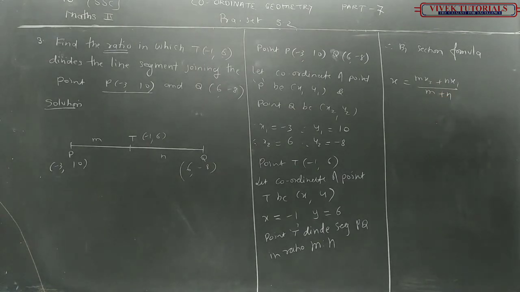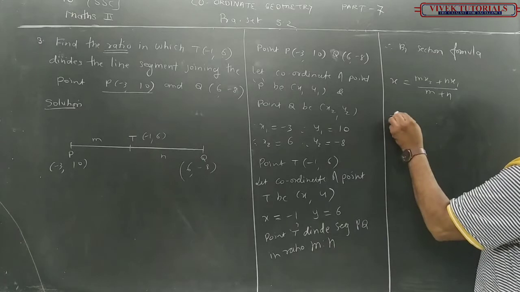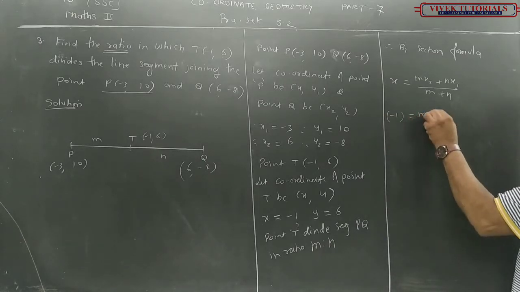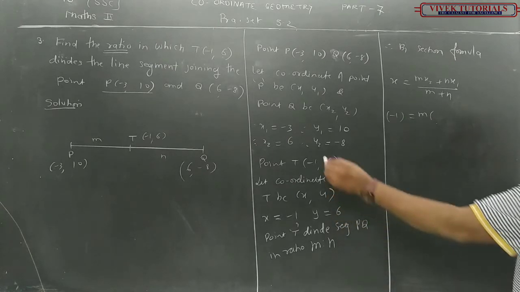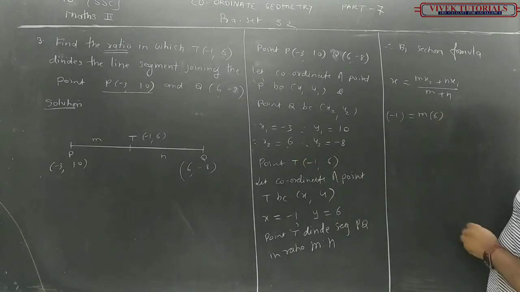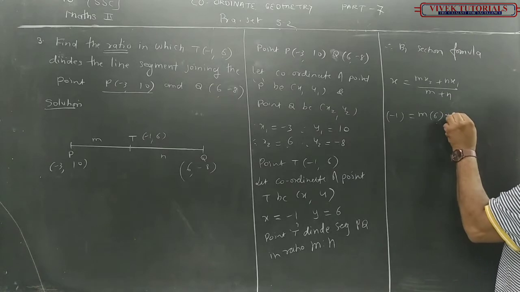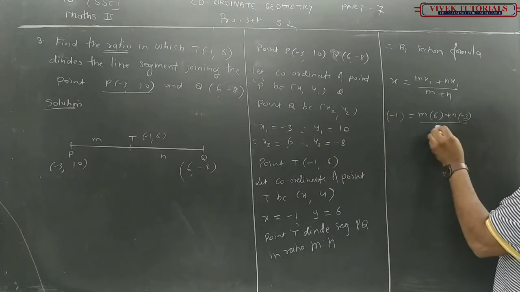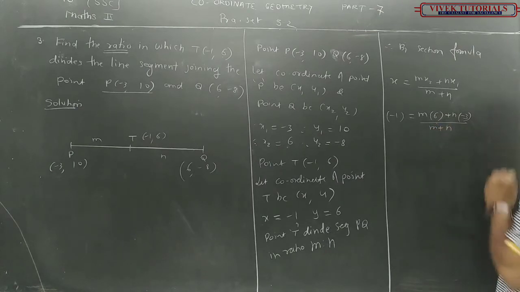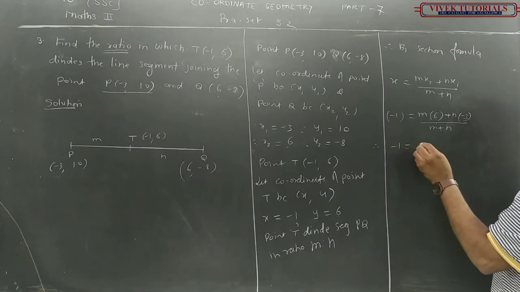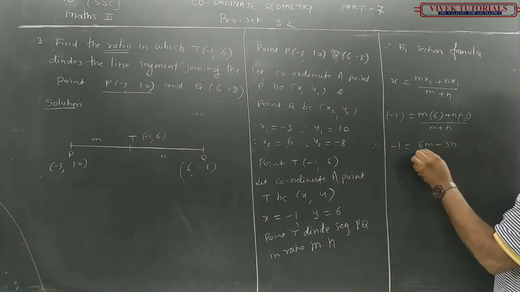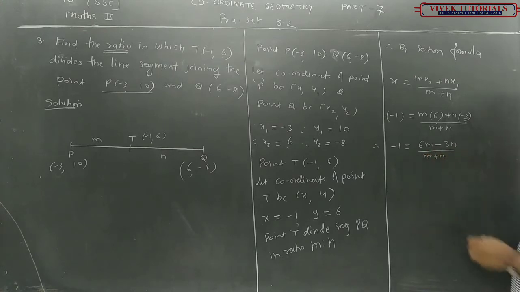The value of x we have, that is -1. The value of m I don't know. The value of x2 is 6 and the value of n is also not known to me, but x1 is -3 and here it will be m plus n. So therefore what I can write: -1 is equal to (6m minus 3n) upon (m plus n).